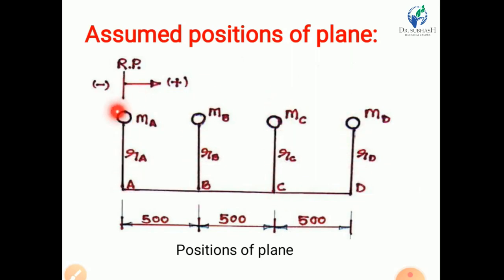In the A plane the mass MA is rotating, in the B plane mass MB is rotating, and similarly MC and MD rotate in the C and D planes, and these planes are 500 mm apart from each other. In this case we take the A plane as the reference plane because MA is unknown. From the right side of the reference plane we consider distances positive, and from the left side we consider distances negative.